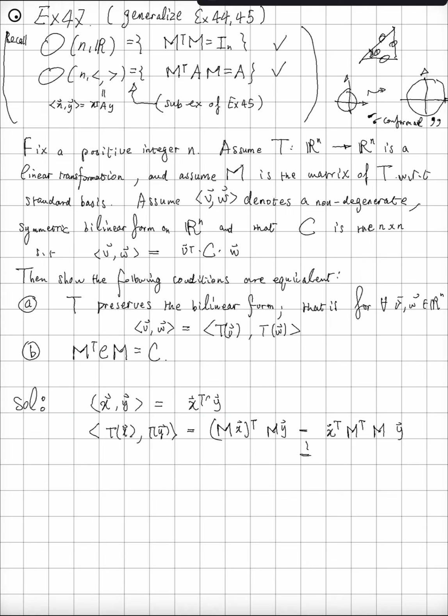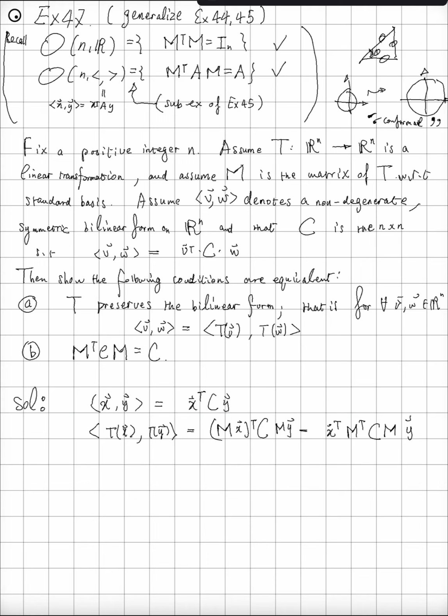Well, this is not the dot product. Our bilinear form is given by C.